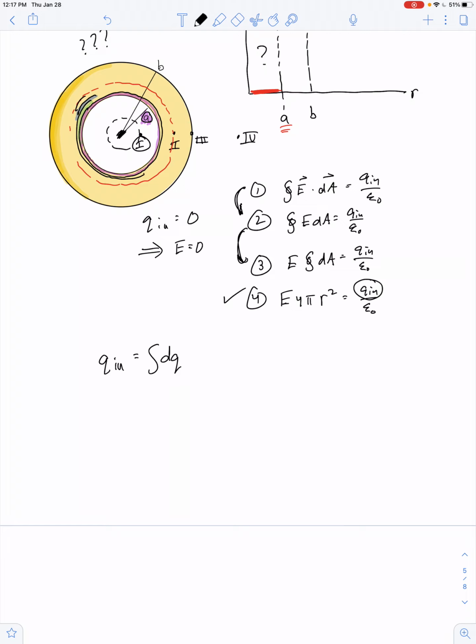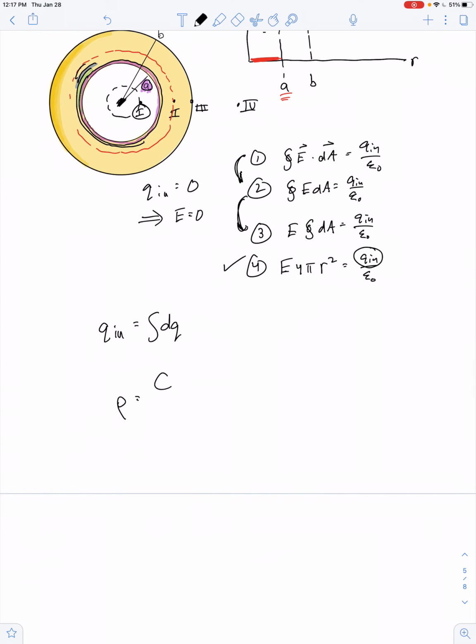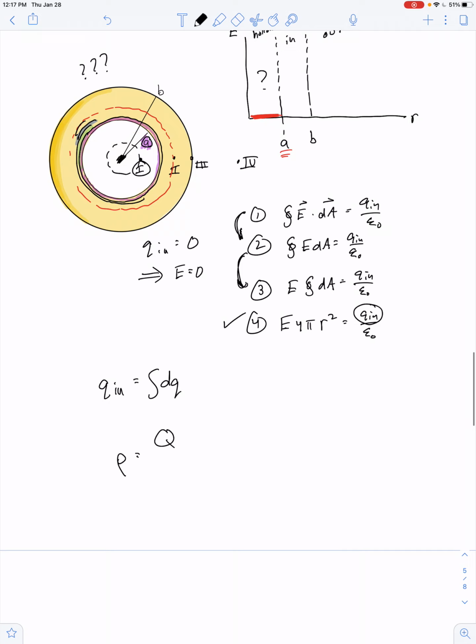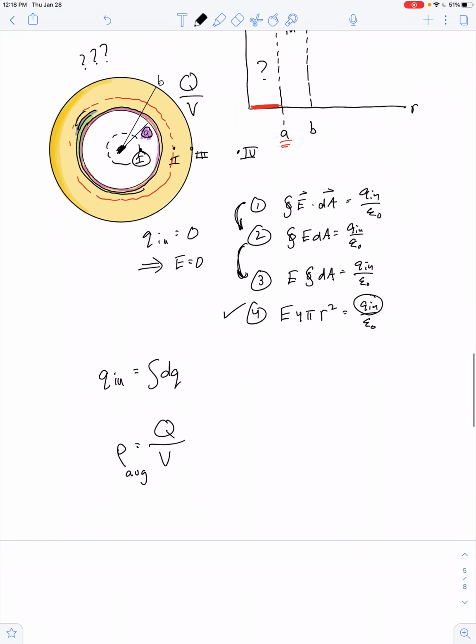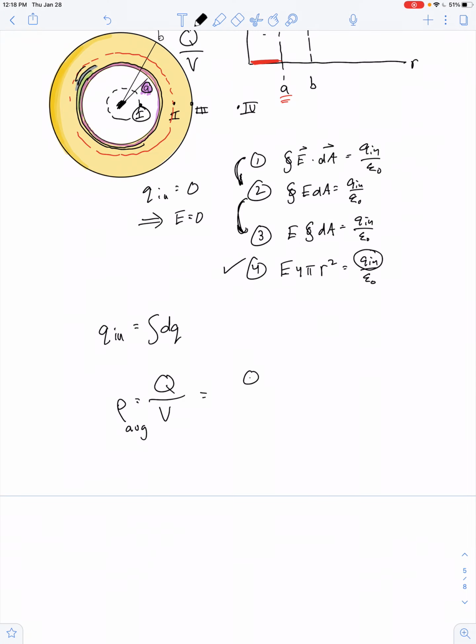Now, remember that rho can be found by taking all of the charge. So if we say this hollowed out plastic sphere has a total charge of capital Q, if I divide that by all of the volume, then I guess that's really just a way of giving me the average density. This would be Q divided by, you might be tempted to say 4/3 pi, what would we say?